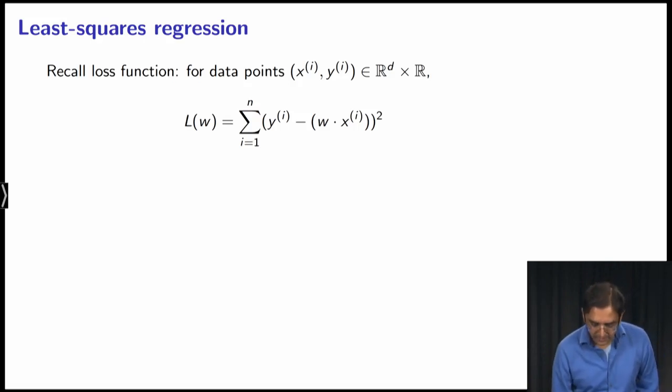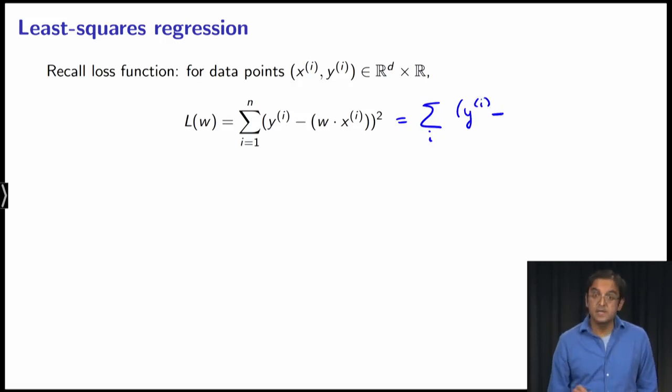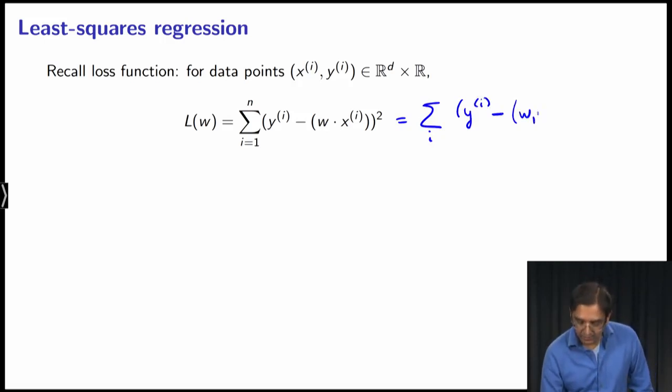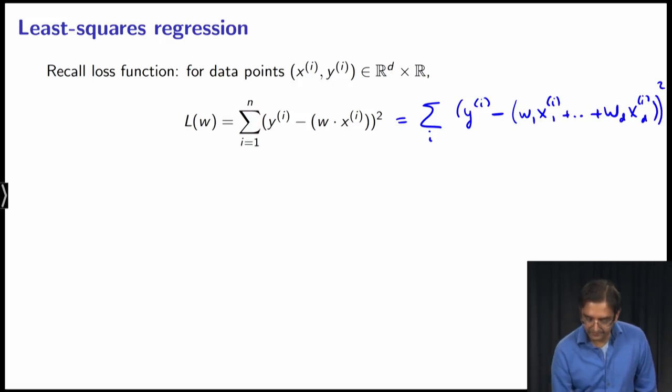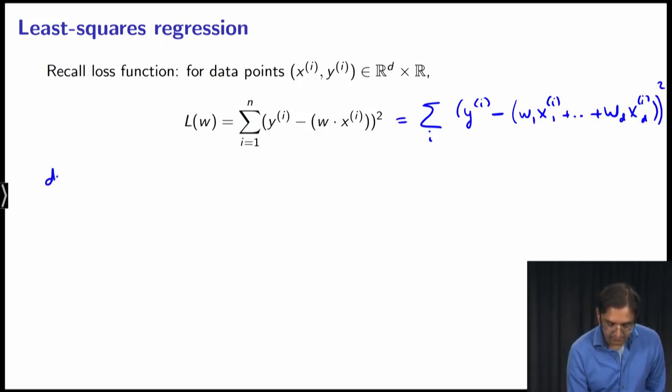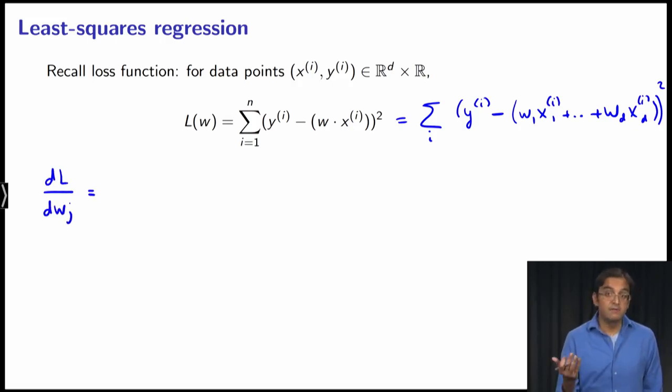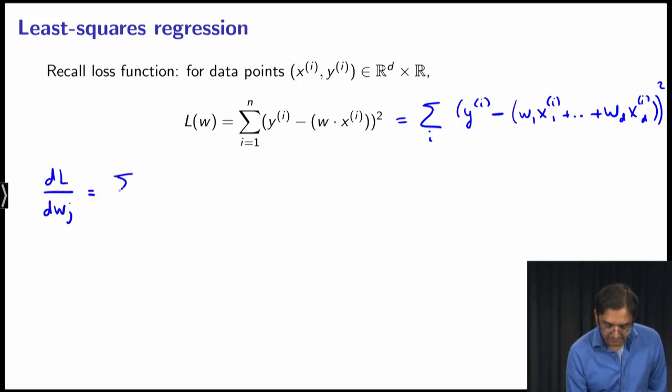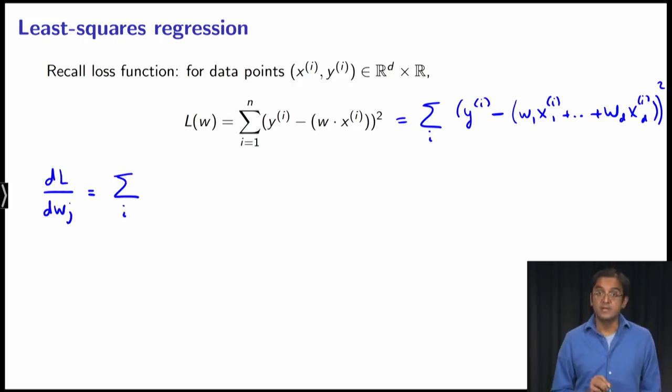Okay, so our function over here is the sum over i of (y_i minus w dot x_i)^2, that is y_i minus (w1 x_i1 all the way to wd x_id), squared. Okay, so the derivative with respect to w_j. Well, the derivative of a sum is the sum of the derivatives, so we can just pull the summation out. Then we have something of the form u squared.